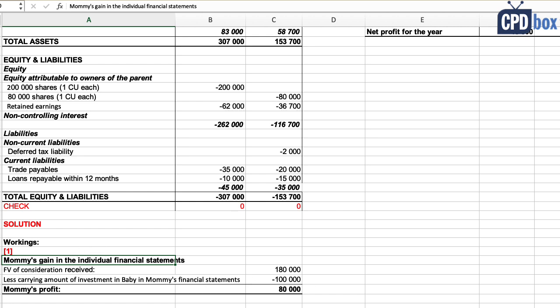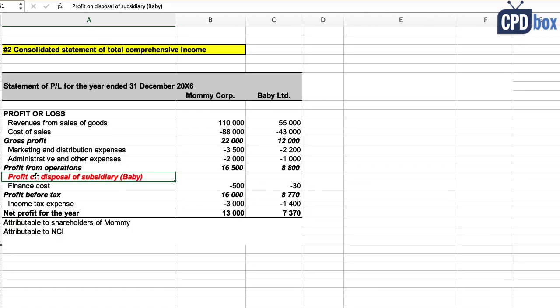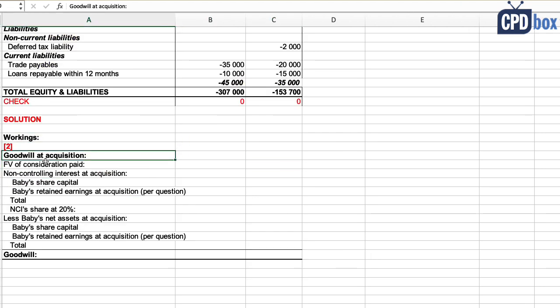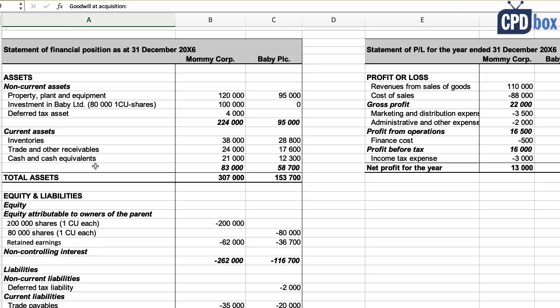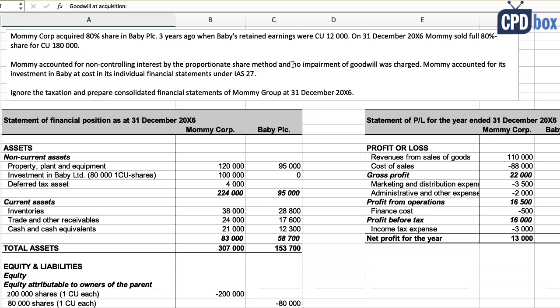But now, we are going to calculate group's gain in the consolidated financial statements after taking non-controlling interest and goodwill into account, right? So first, let's calculate goodwill at acquisition, which happens to be the same as goodwill on disposal since no impairment has been charged so far.